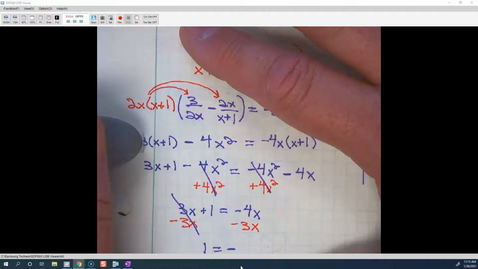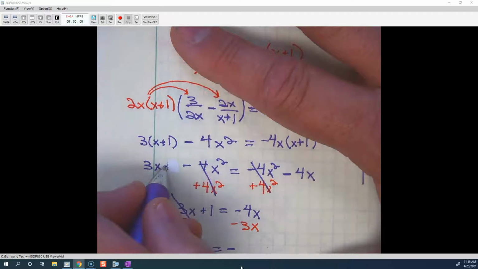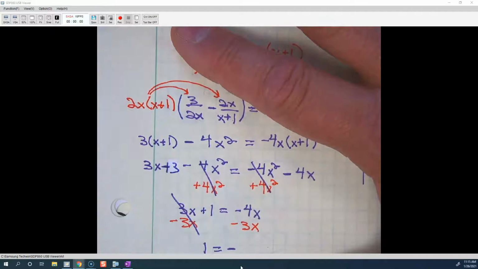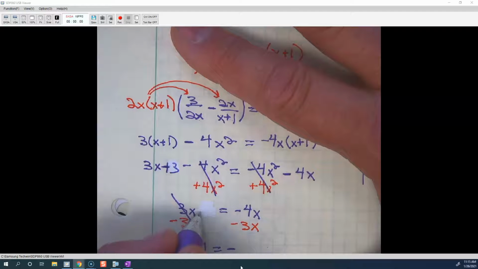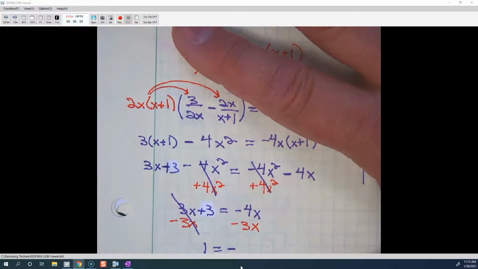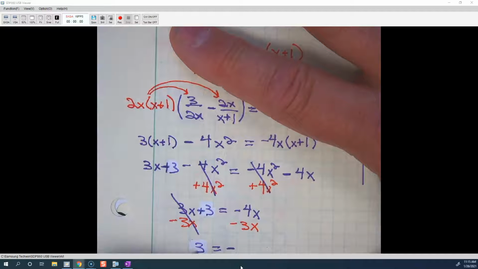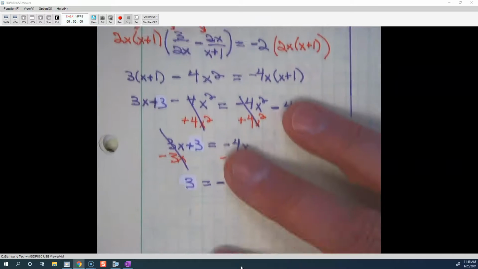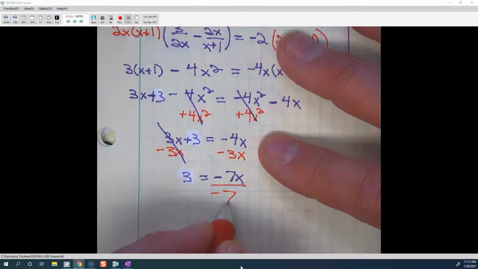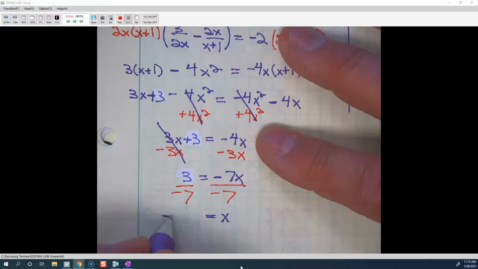When you distribute this 3, this should be 3x plus 3. So this is going to be 3, and this is going to be negative 7x. And then I'm going to divide by negative 7. And my answer is negative 3/7.